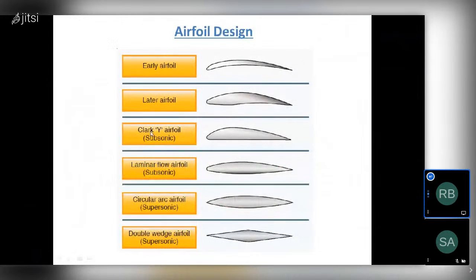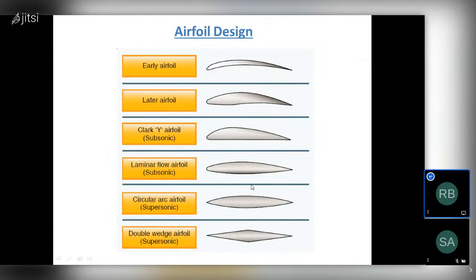So here, see the earlier aerofoil and the later aerofoil, and we have the aerofoil for the subsonic case, that is the laminar flow aerofoil. And for supersonic, if you're designing an aircraft which will go at supersonic speed, then we have to make alterations to our fuselage and our aerofoil design, and we have to maintain the shape like this.